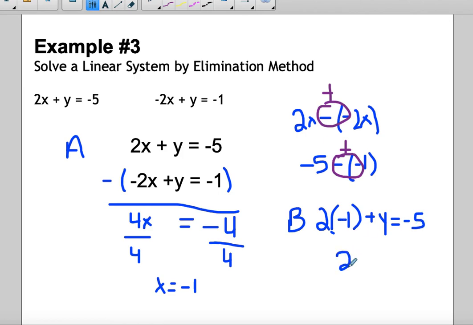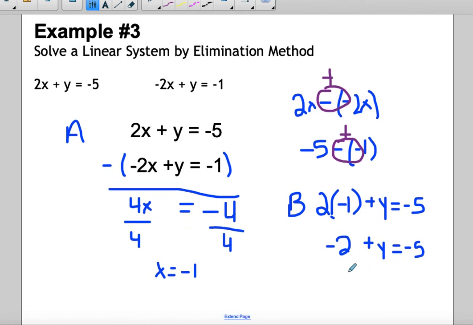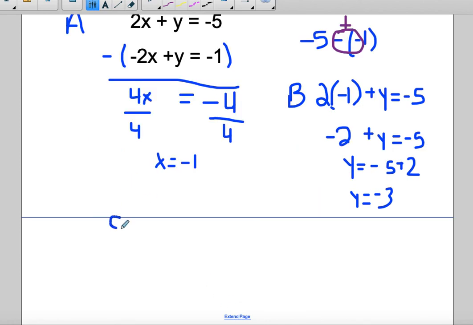So here distributing, negative 2 plus y equals negative 5. y equals negative 5 plus 2. When we move that negative 2 to the other side, it becomes positive. y equals negative 3.